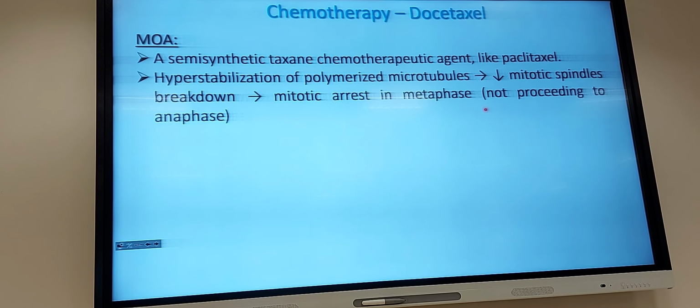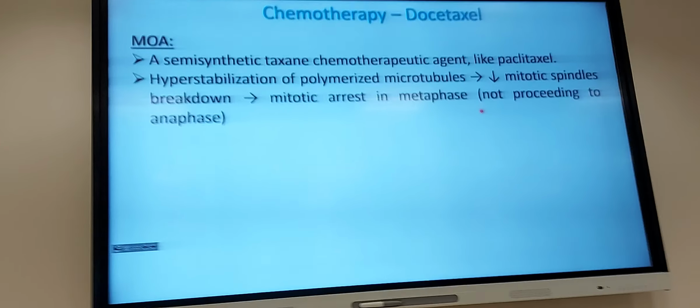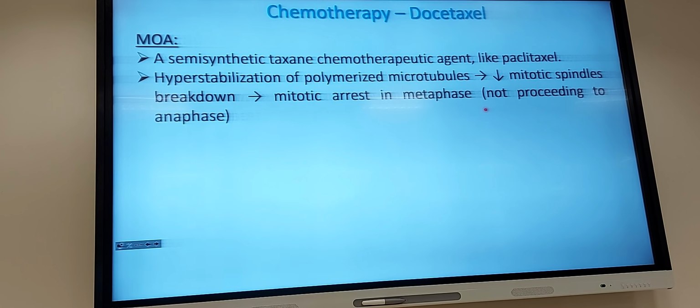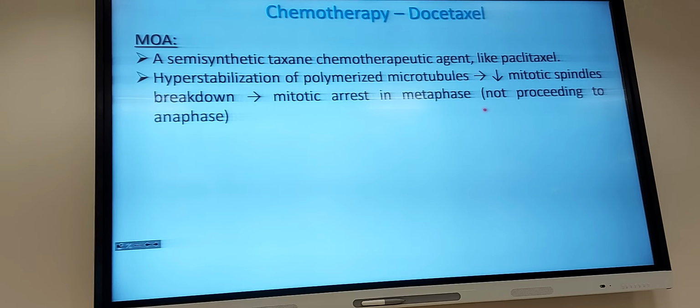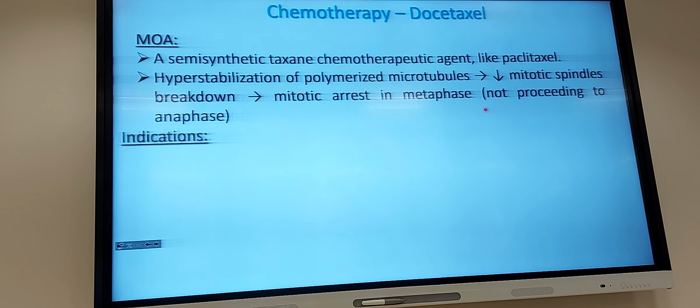So this drug inhibits the depolymerization of microtubules, and so it inhibits the mitotic spindle breakdown. So there's an arrest of the cell in the M phase. It arrests the cell cycle, and so obviously the cell will eventually go into apoptosis.